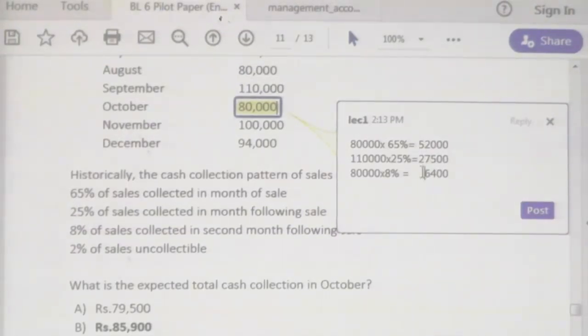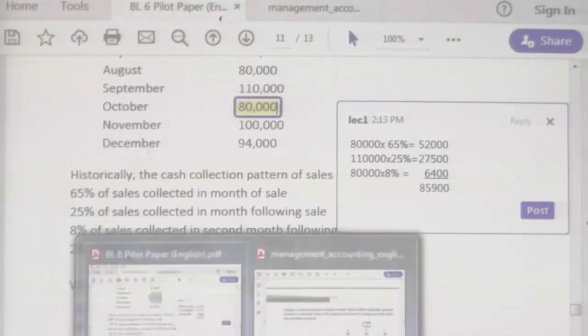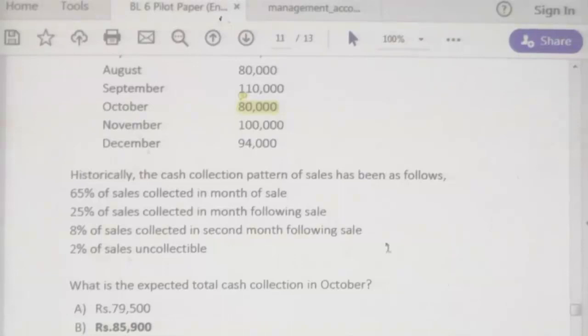Sum of these three values will be 85,900.